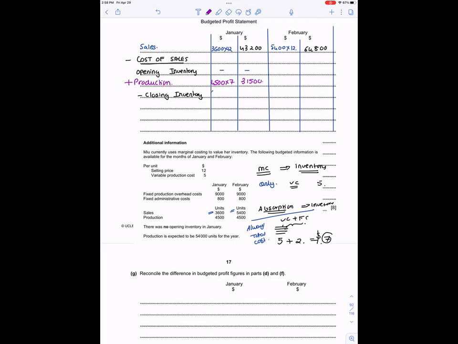What is the closing inventory? 900 into 7. So I did sales minus total cost of production. But I just need this information. Then when I make the income statement, I will do the other things.